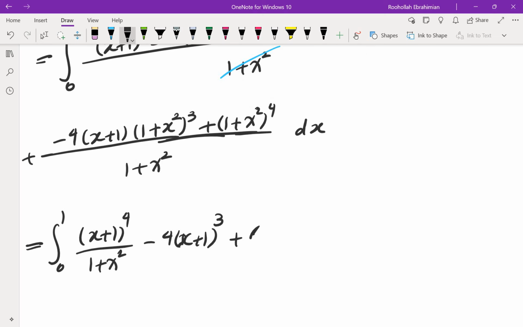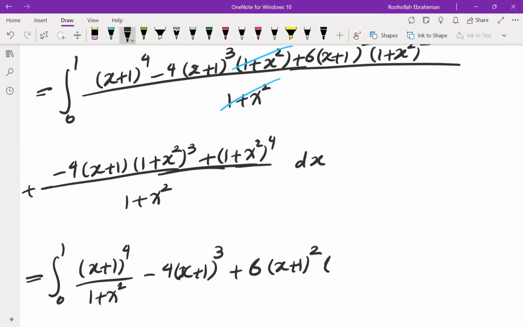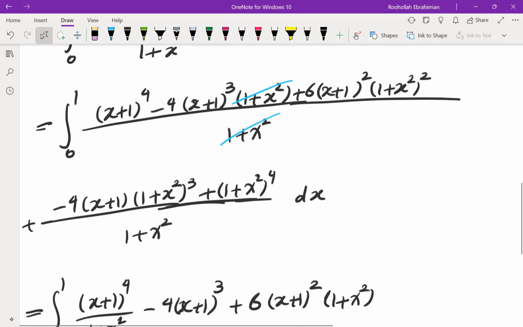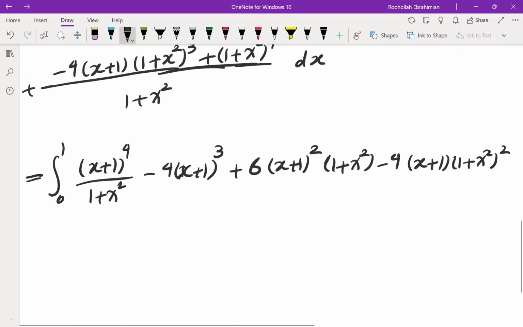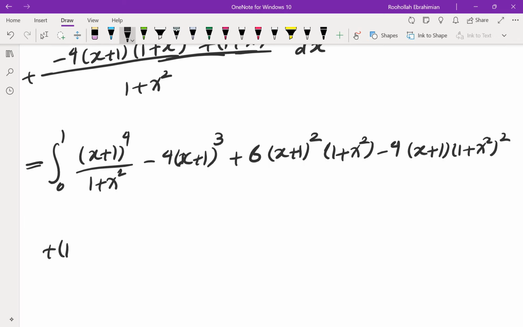The next term is going to be plus 6 times (x plus 1) squared times (1 plus x squared), and then the next term is minus 4 (x plus 1) (1 plus x squared) squared, and then finally we get (1 plus x squared) cubed dx. Okay, so this is something that I can definitely solve.